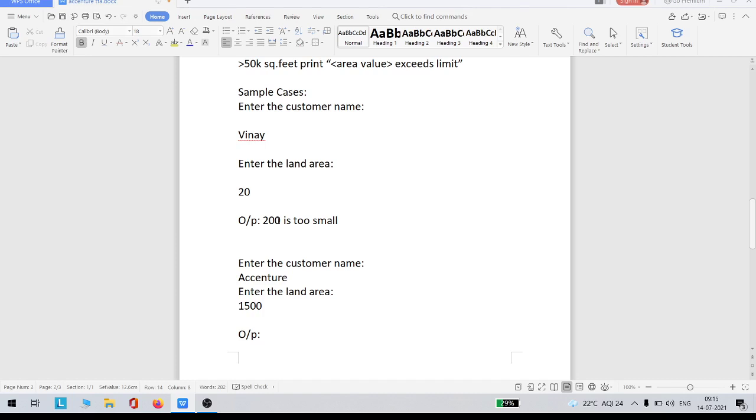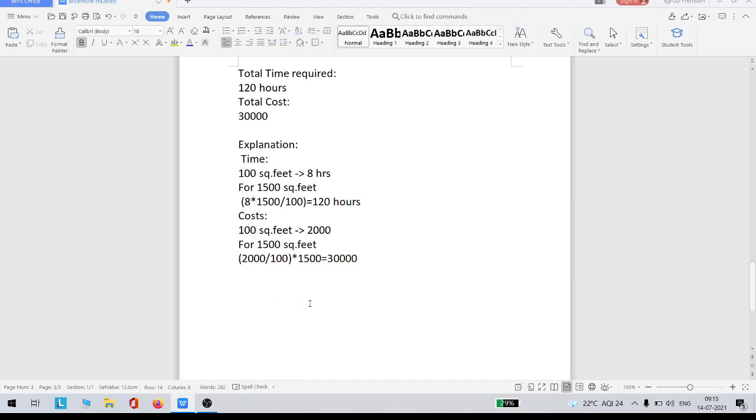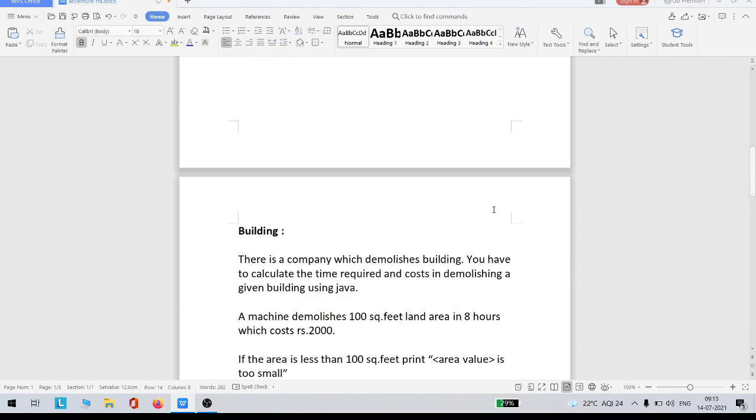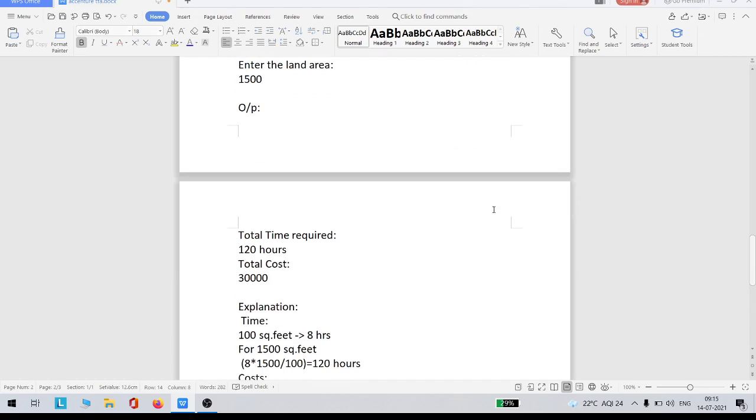And if it is between 100 and 50,000, you will calculate this based on the formula: 8 into given value upon 100 for the time, as well as 2000 by 100 into given value for the cost. This will be calculated and you'll print the total time required and the total cost required. So this is such a pretty easy coding question that was asked in the Accenture TFA.